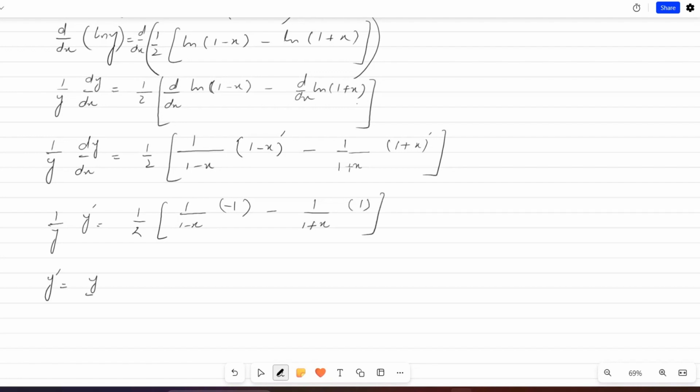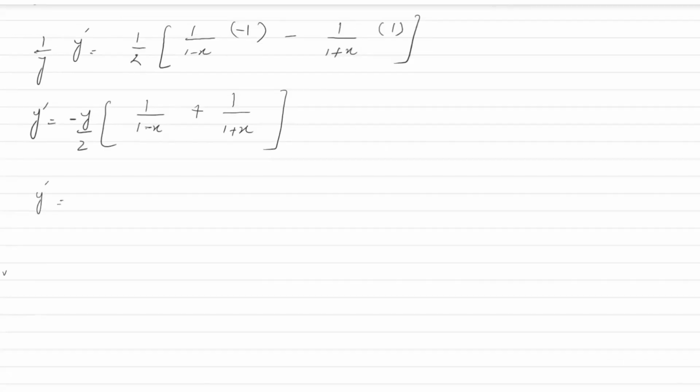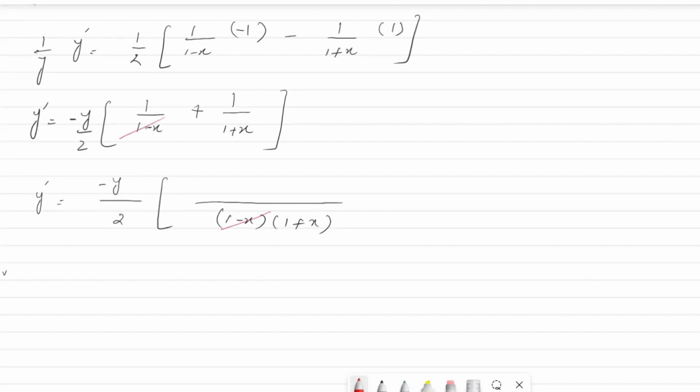So y derivative is equal to, since this is in the denominator, it will be multiplied there. Minus can be taken as common: 1 by (1 minus x), plus, as minus is taken common, 1 by (1 plus x). It would be y derivative times (1 minus x)(1 plus x). Here you can see that 1 minus x is cancelled with 1 minus x, so 1 will be multiplied with the remaining one.